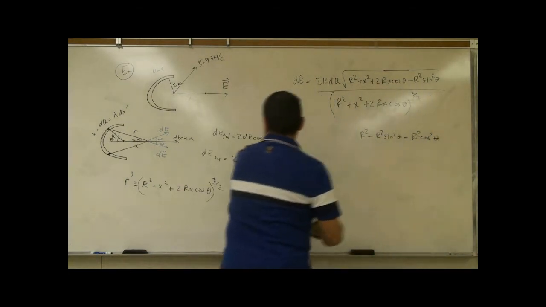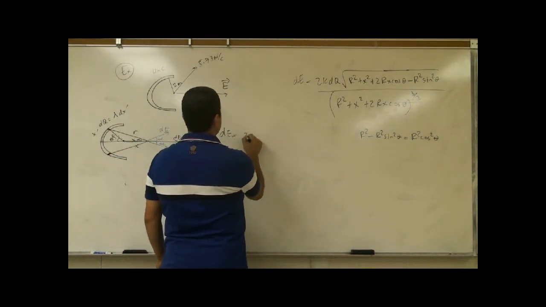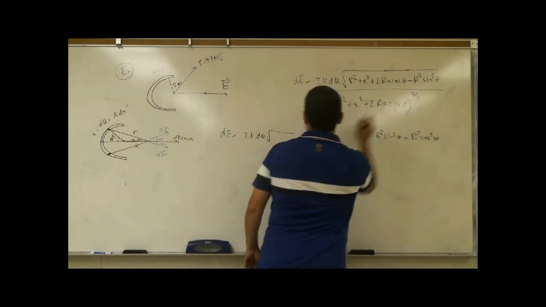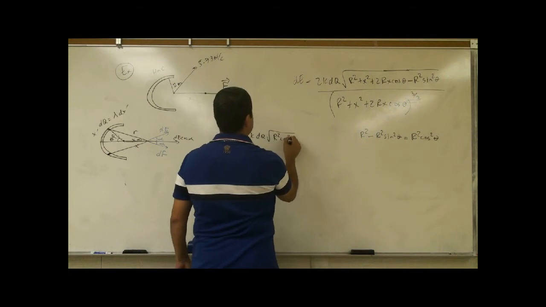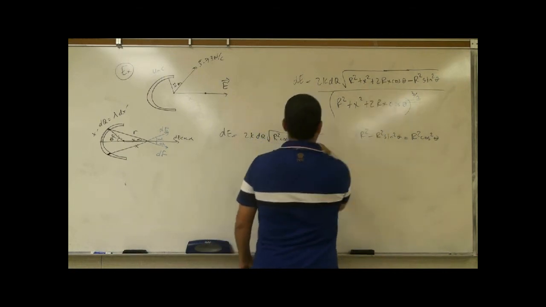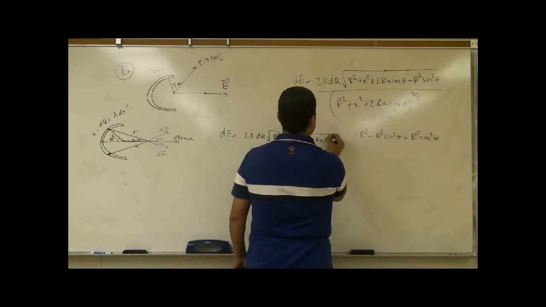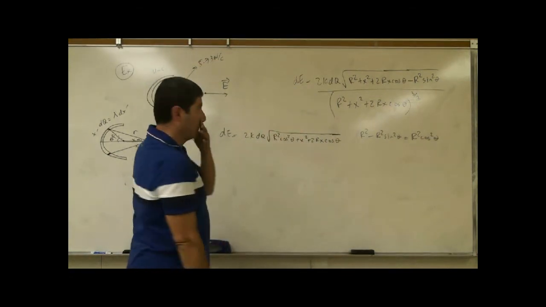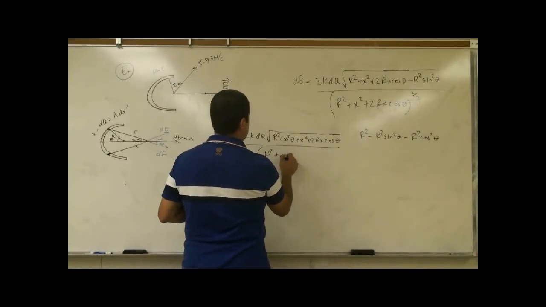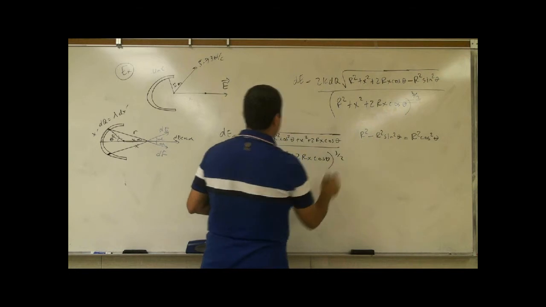So your final simplified version, dE equals 2k dq, square root of r squared cosine squared plus x squared plus 2rx cosine theta, all under a radical, divided by this thing, r squared plus x squared plus 2rx cosine theta to the 3/2 power.